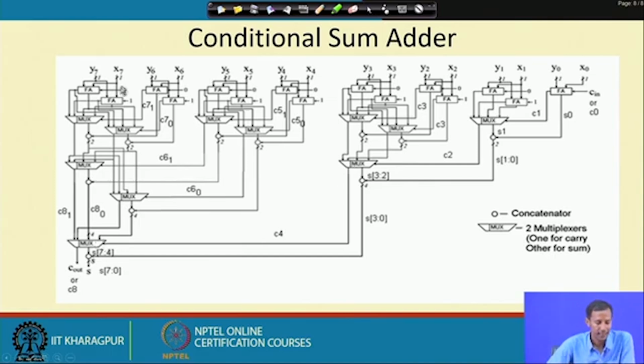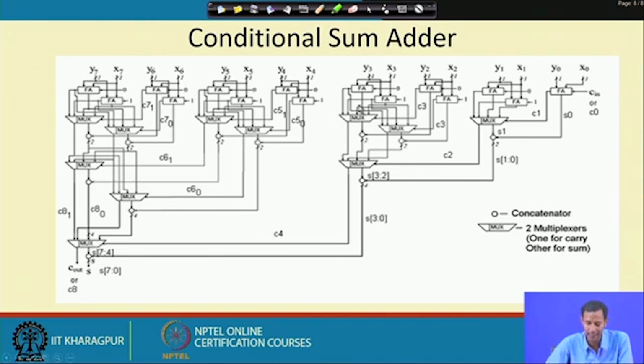Again if I choose this particular path, from this input one full adder cell, then multiplexer, then multiplexer, then multiplexer. If I compute the maximum critical path from this particular cell, it is one full adder cell, one multiplexer, two multiplexer, three multiplexer.